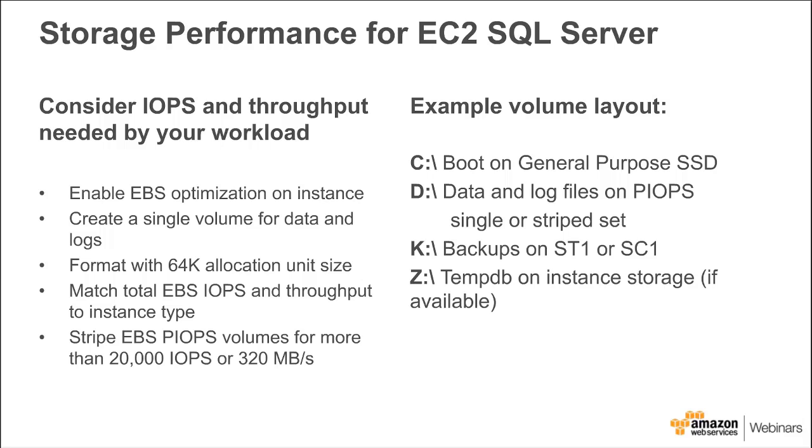Also create a single volume for data and logs. This one is a bit more counterintuitive, especially given that in the data center world, the recommendation is mostly the opposite. In a data center, you have dedicated channels for different block storage devices, so it makes sense to saturate each channel individually.